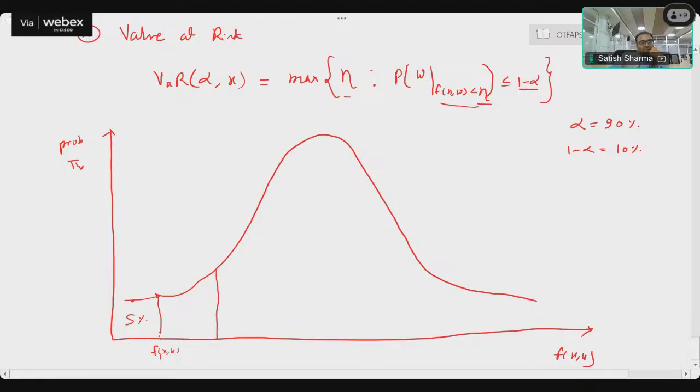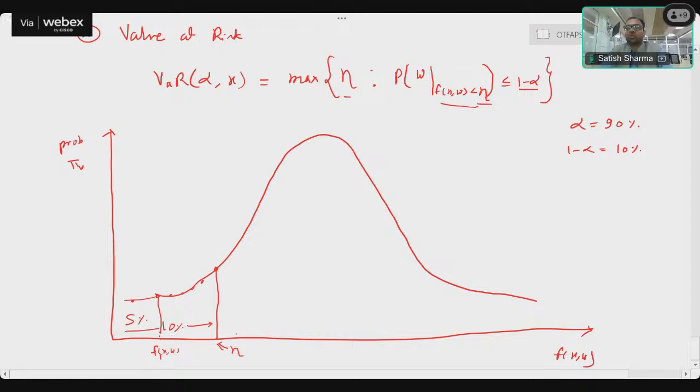So this is the 10% probability up to this particular part, and this value is basically the eta value. All the f(x) values on this curve are less than eta, and their probabilities add up to 10%. So the maximum value of eta is this one, and this eta value will be called the value at risk.